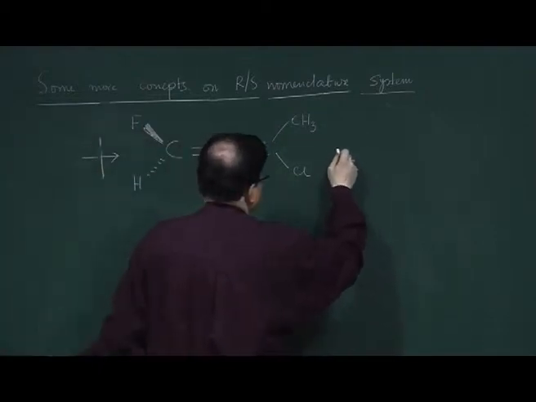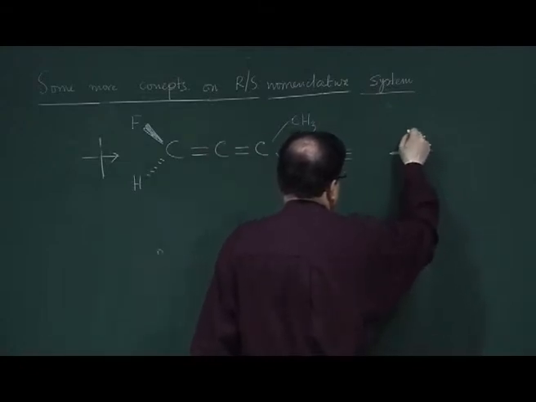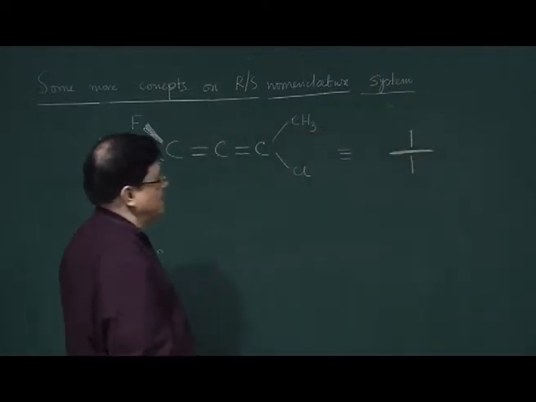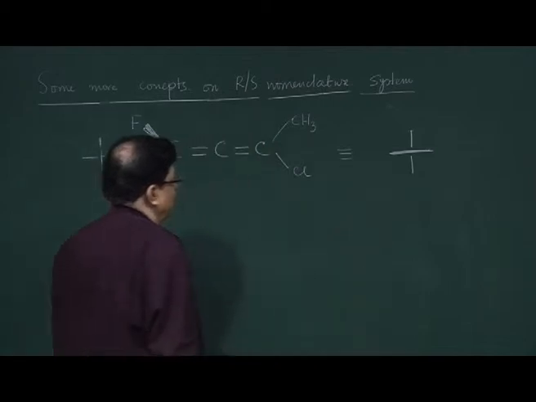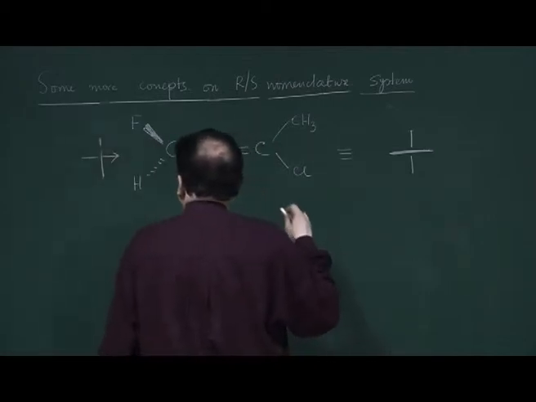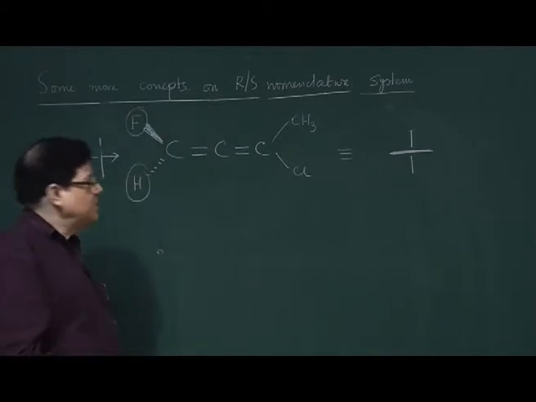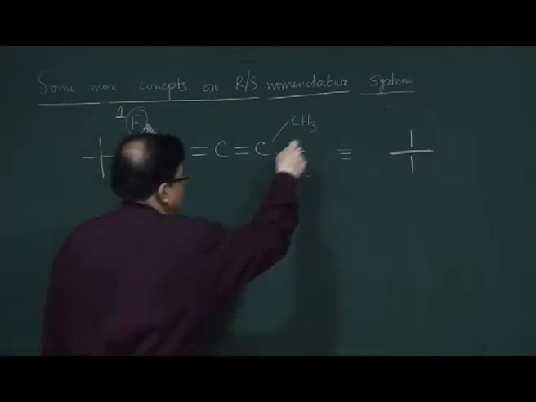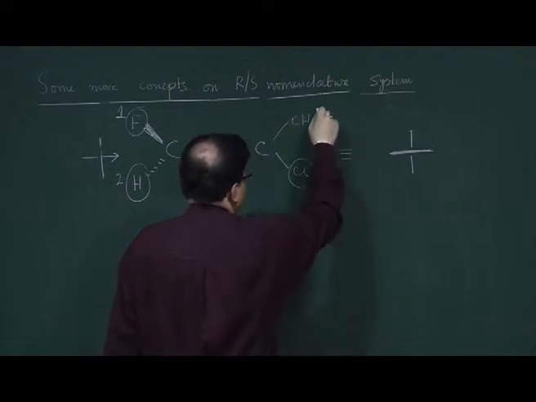So, when I look at this from that direction, this is the horizontal axis, and now just to show that the vertical axis is at the back, we make this break, so that it looks like it is behind the front line. And now we first have to decide the priority sequence of these two. So, this is 1 and that is 2, and in this case this is 3 and this is 4.